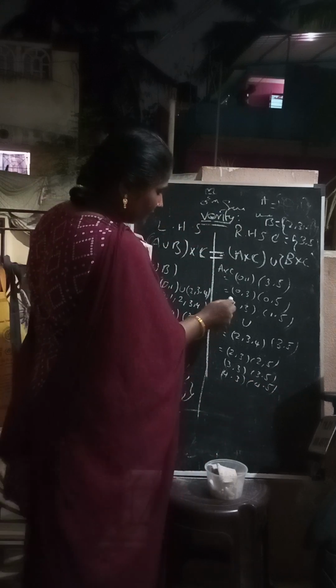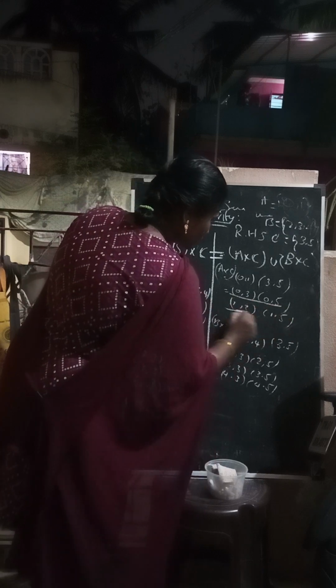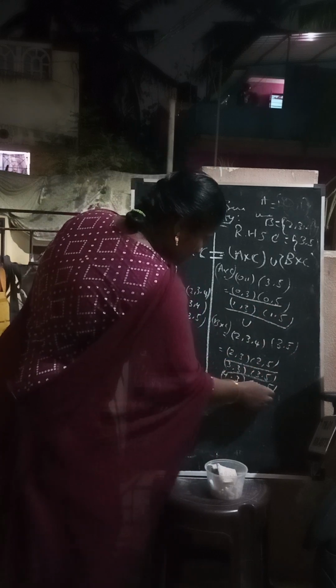Then we write this (A cross C) union (B cross C). So it is this one and all these three.